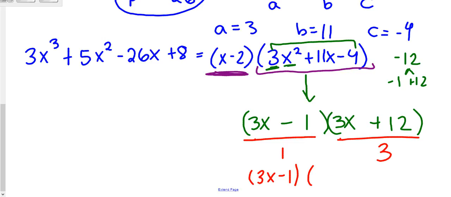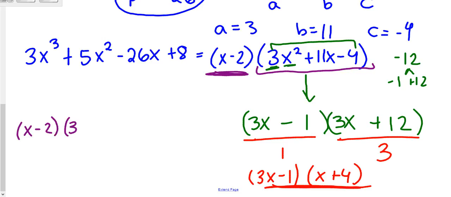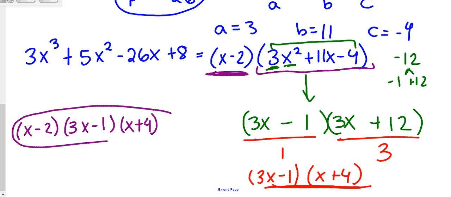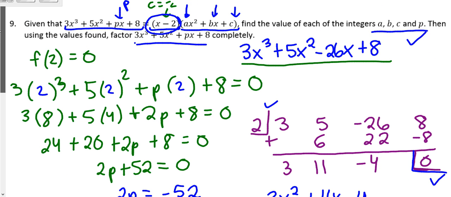Dividing 3 out of both of those will give us an x plus 4. So here are 2 other factors. So our final answer comes together, completely factored: x minus 2 times 3x minus 1 times x plus 4. And now we've found all the variables: a, b, c, and p, and we have factored it completely.